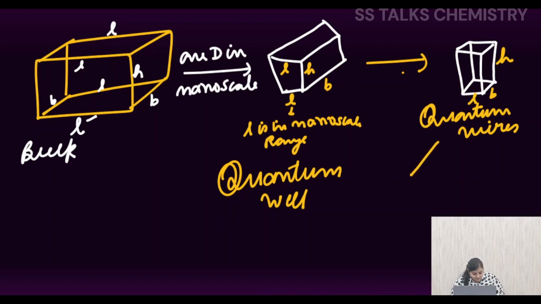Okay, and further, if you make the third dimension also lie in the nanoscale range, this time you will get a species like this. So this is going to be the cube that you will have. A smaller cube you can see, and in this the length, the breadth, and this height, all three of these we have brought into the nanoscale range, and this becomes my quantum dots.